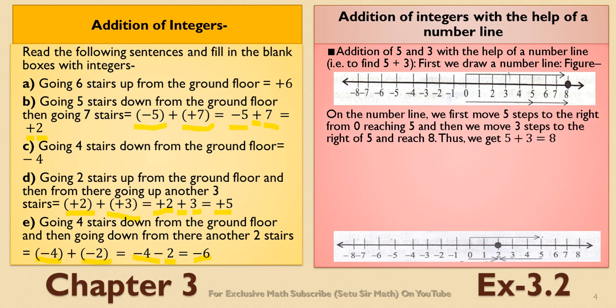On the number line, we first move 5 steps to the right, because if the number is positive, we go from 0 to the right side, and if the number is negative, we go from 0 to the left side. So 5 steps to the right from 0, reaching 5, and then we move 3 steps to the right of 5 and reach 8. Thus we get 5 plus 3 equals 8.